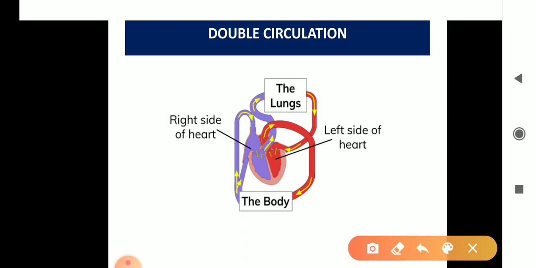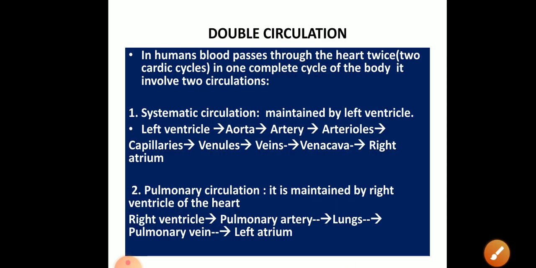And from the right ventricle, it goes to the lungs, then comes back into the heart, into the left atrium, through the pulmonary vein. This is called the pulmonary circulation. Is it okay?